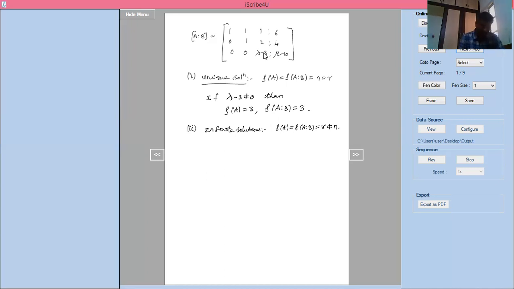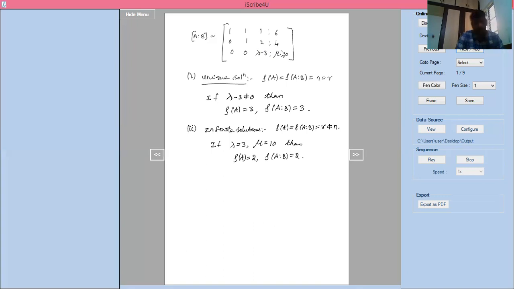Now if lambda equals 3 and mu minus 10 equals 0, that is, lambda equals 3 and mu equals 10, then rank of A is 2 and rank of A is to B is also 2.